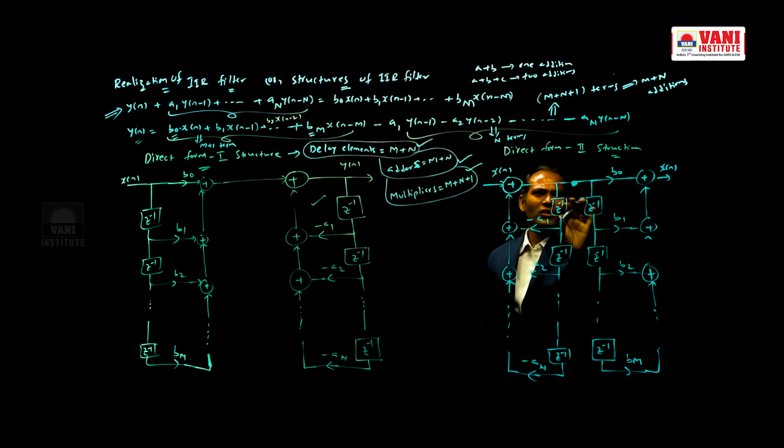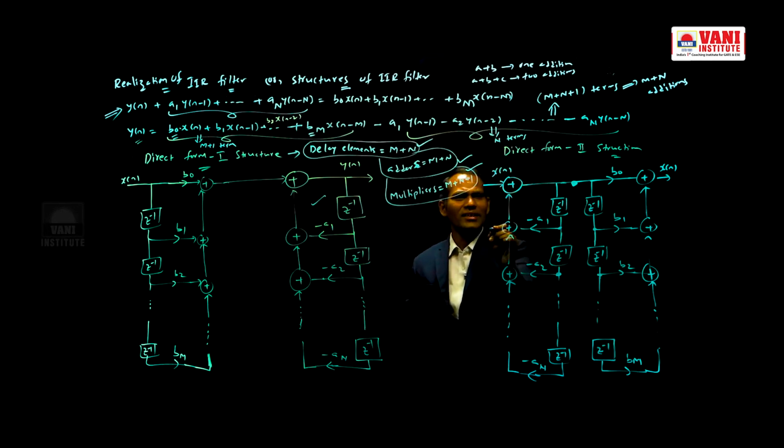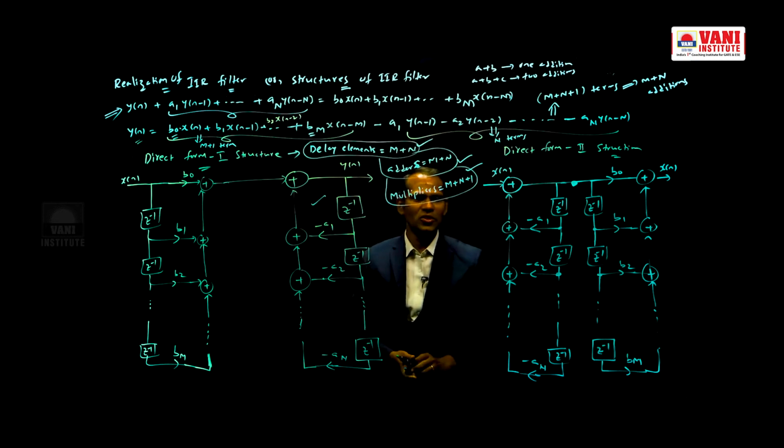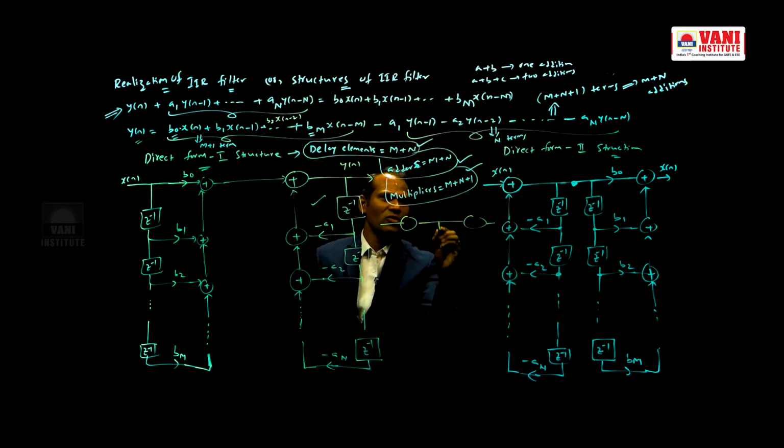Here I am using two different Z inverses, but actually there is no need of two different Z inverses, because the same signal is going like this and like this. So this value and this value will be same. Similarly, this value will be same. That is why just use only one Z inverse, and from that Z inverse write like this and like this. So that means draw in this manner. Take only one Z inverse.